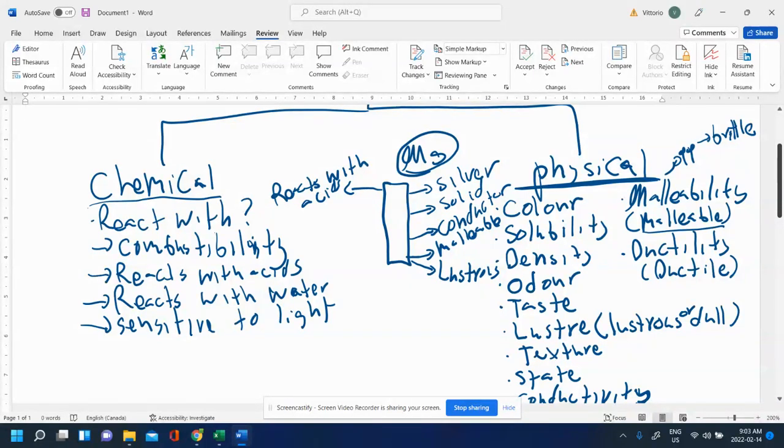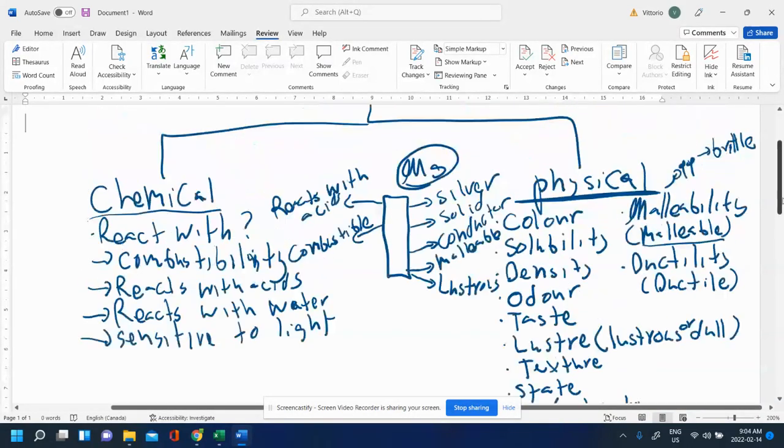You might have seen a demo with that where it makes a really bright light, but magnesium is combustible. It'll burn in the presence of oxygen. It actually makes a nice bright light. So it reacts with acids, is combustible, and you can test other things out, but those are some chemical properties that you can use.